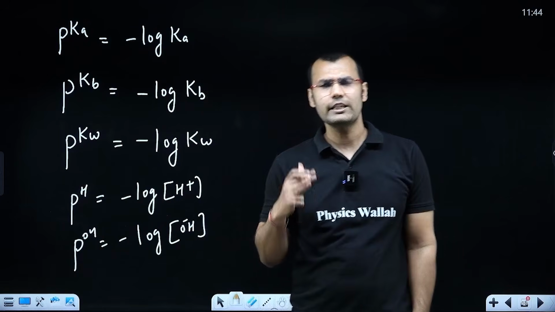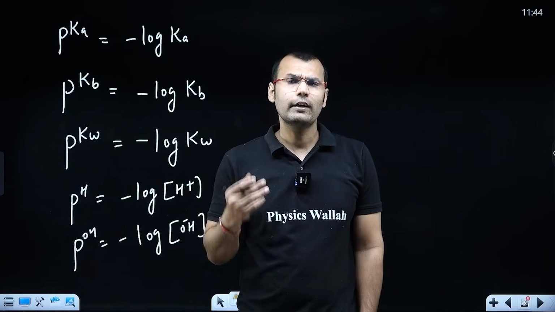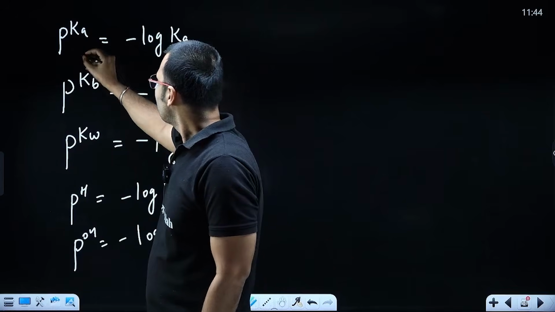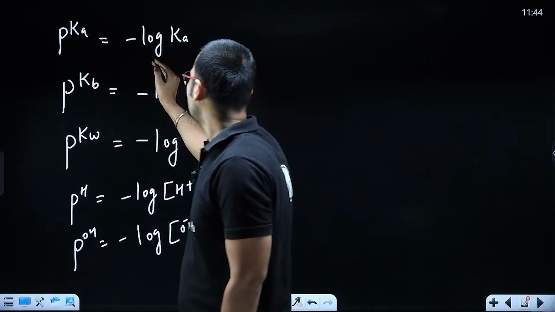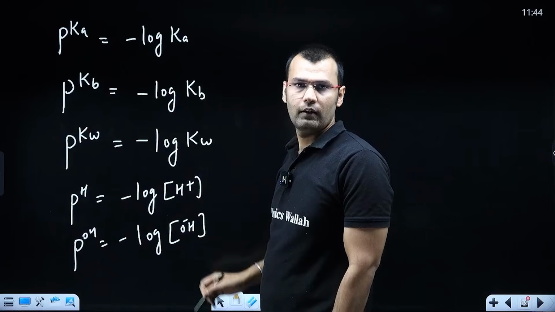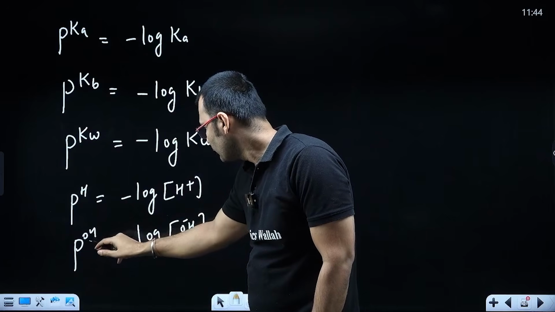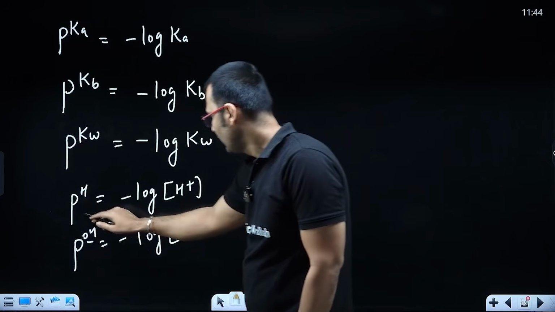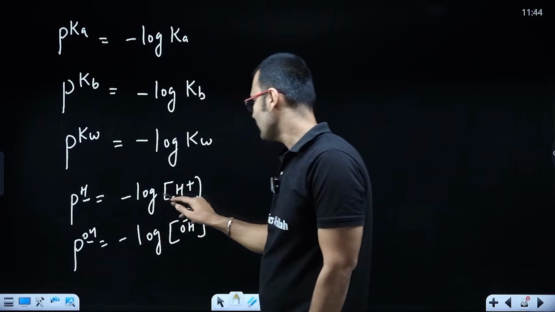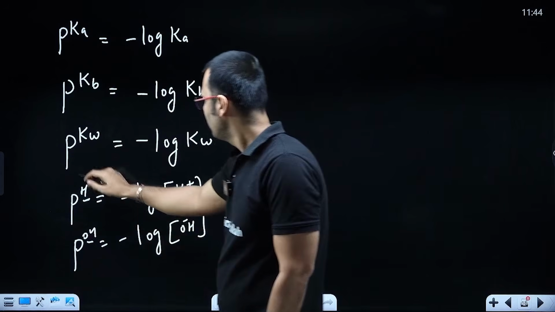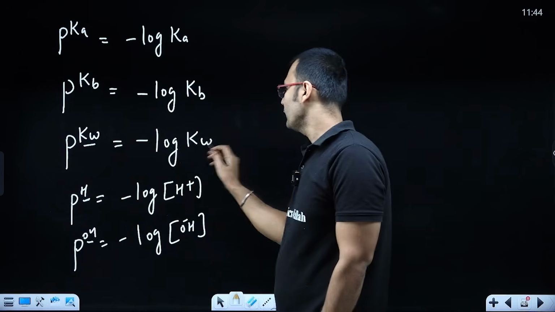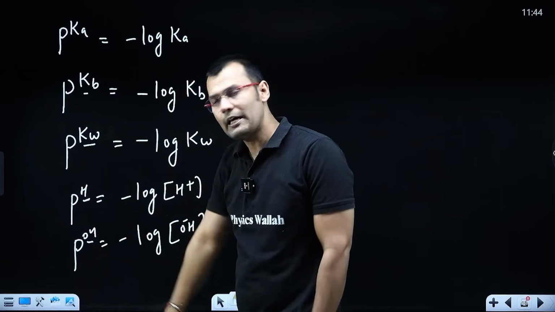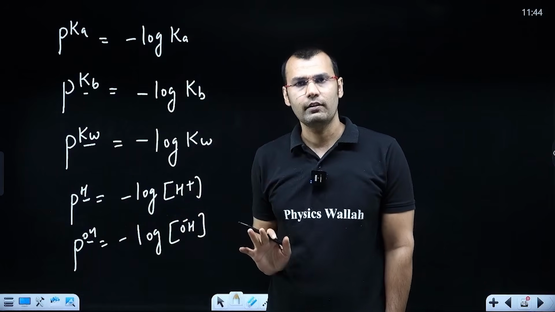Just for memorization, you can apply a trick: whatever comes in the power of P goes right inside minus log. So pOH is minus log of OH minus. Here P power is H, so minus log concentration of H plus. P power Kw, so minus log of Kw. P power Kb means minus log Kb.